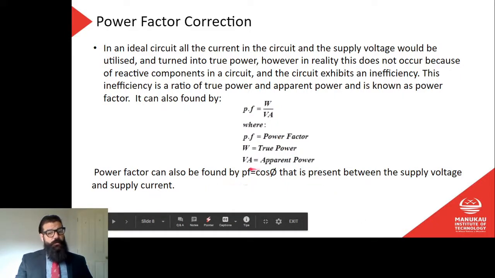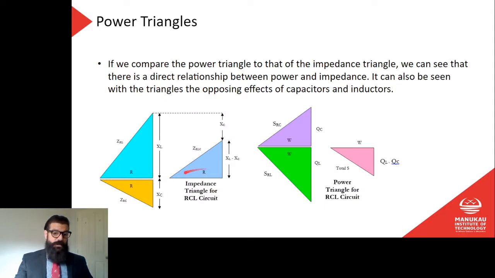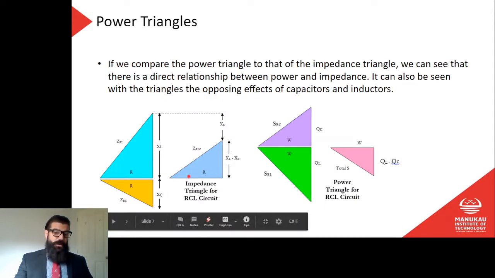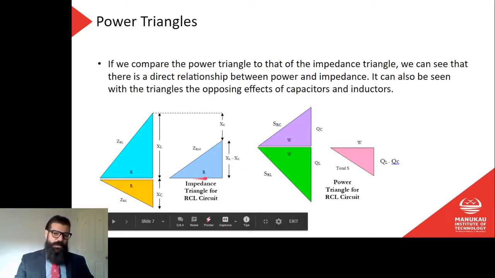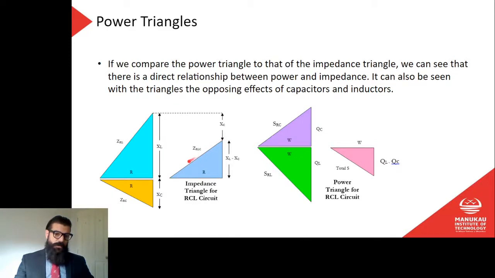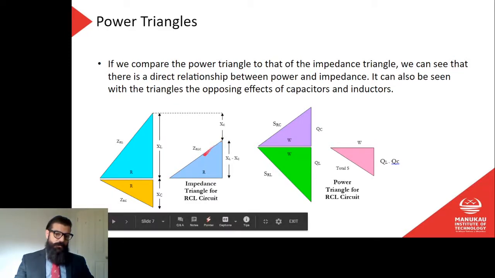Power factor can also be found by using cos of the angle that is present between the supply voltage and supply current. So that's my phase angle, right? So that would be that angle there. If we think about it, cos of the angle. If we think SOHCAHTOA, cos is adjacent over hypotenuse. What's my adjacent? That's that one, resistance. Hypotenuse would be this one here, right? Hypotenuse is the apparent power.